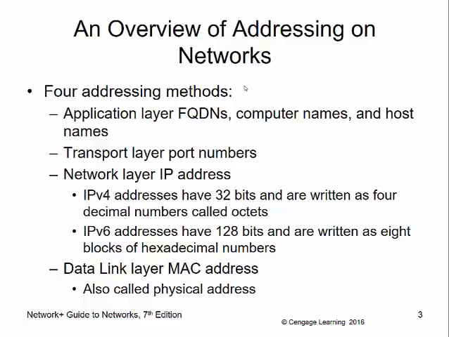Server 1, mail 2, that type of thing. And the reason why we have names like this is because the other addresses that we use at the different layers, like IP addresses or MAC addresses, we'll get into those in a minute, aren't easy for humans. We don't do well with numbers, but we can do pretty well with names. And that's the whole point behind that.